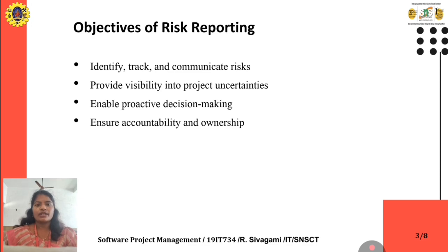Risk reporting gives us a clear visibility of our project, and it enables proactive decision making. If any risk is happening in our project, we should take a good decision for that risk, avoiding that risk, and ensure the accountability and ownership of the project.